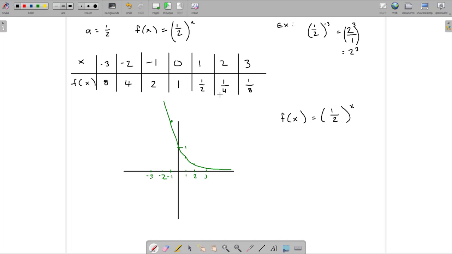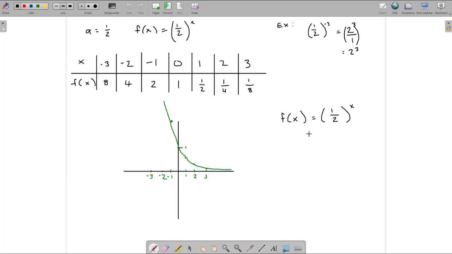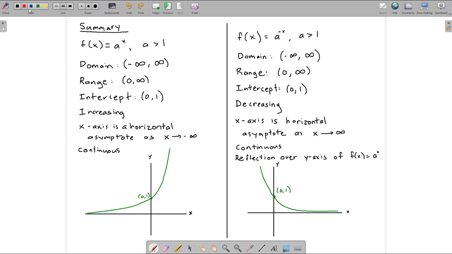And with positive values of x, we have these fractions, 1/2, 1/4, 1/8, which we also get for our f of x equals 2 to the x function. But we get it from the exact same exponents, just the negative versions, right? So another way of looking at this function, f of x equals 1/2 to the x, is actually just taking f of x equals 2, but to the negative x.